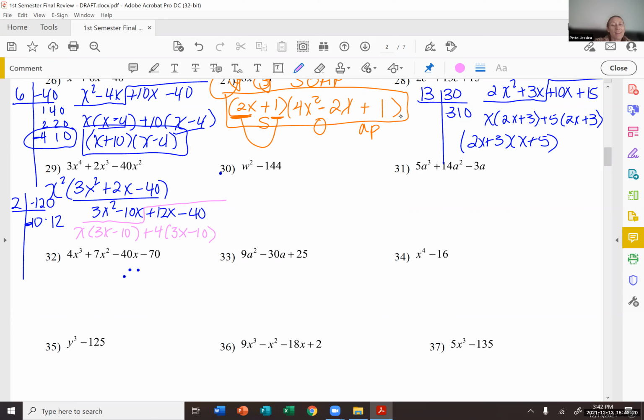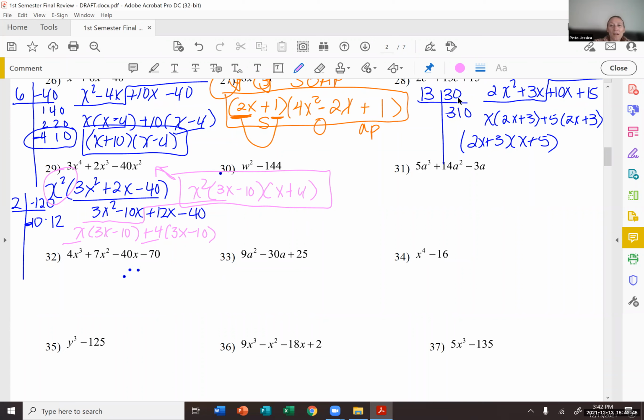So my final answer here, I have to write it over here. I've got the x squared. I remembered my baby. And then I have 3x minus 10, and then also x plus 4. Goes to 29.